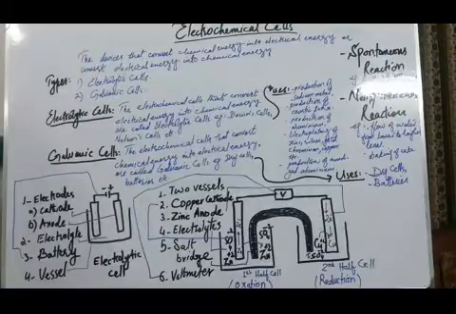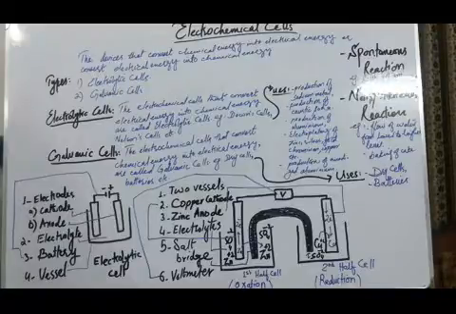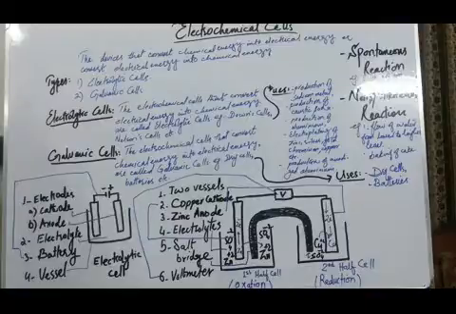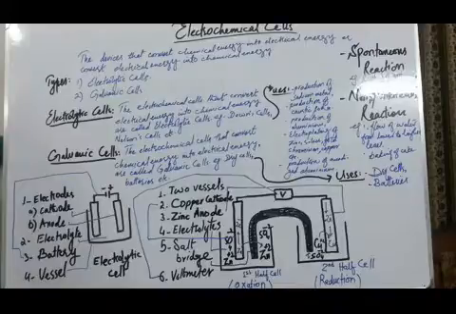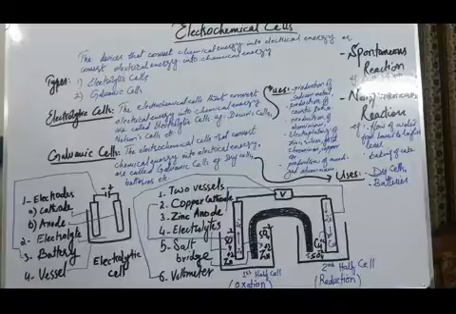When these electrodes are connected with the battery and dipped in the solution, one electrode becomes the negative electrode because it is connected to the negative terminal of the battery, and that electrode is called the cathode.